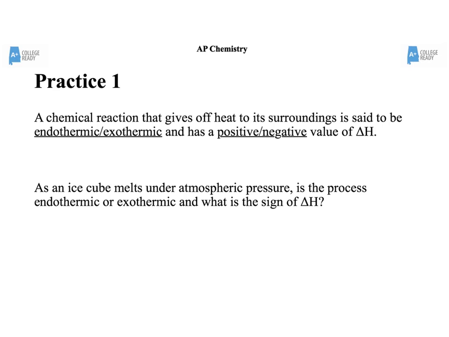So let's look at a couple of reactions and talk about what's happening to their heat. A chemical reaction that gives off heat to its surroundings is said to be what?